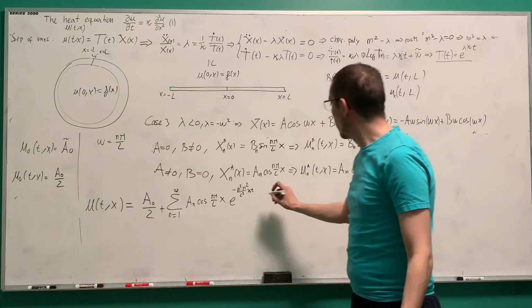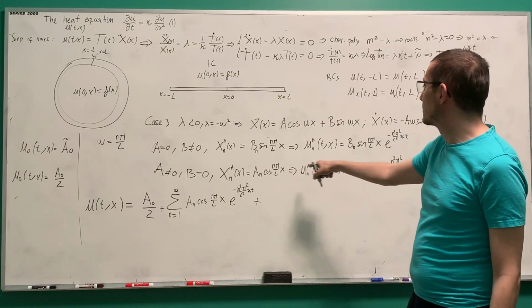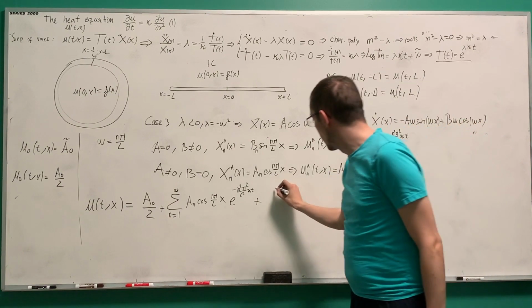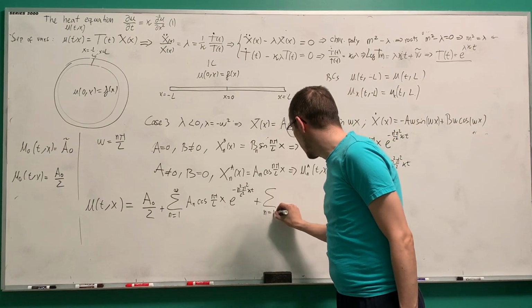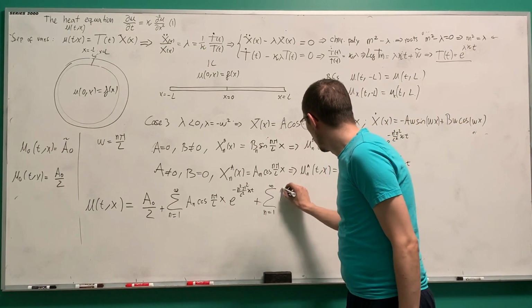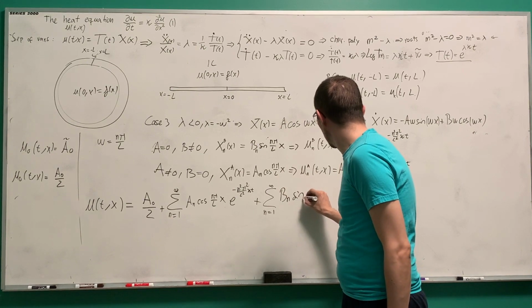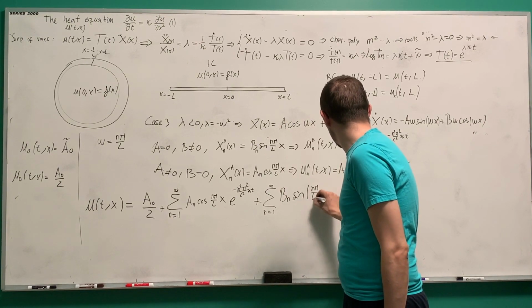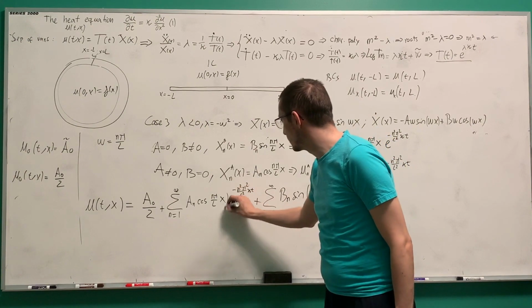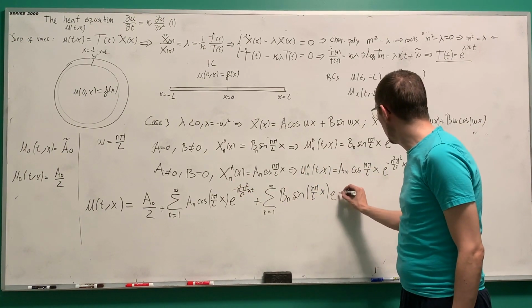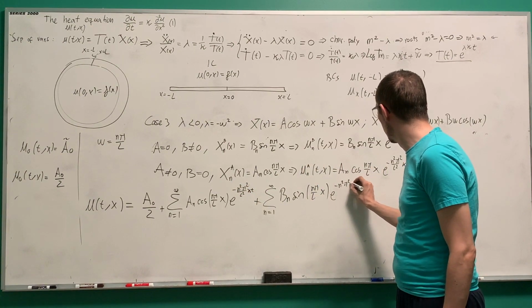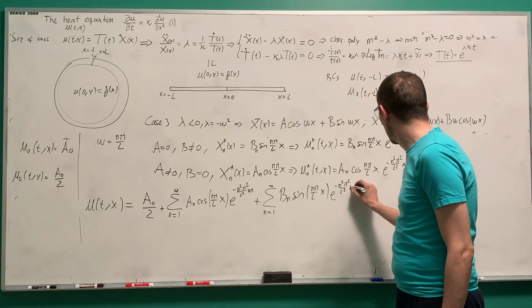Plus the other infinite set of solutions that I found, all of them summed, n equals 1 to infinity, b_n sine(n pi over L x), just put the parentheses, e to the minus n squared pi squared divided by L squared kappa t.